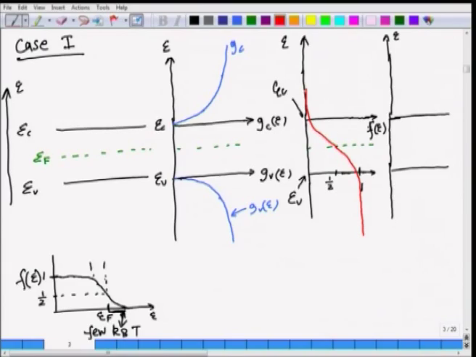Remember, in a few kBT I said that this should fall off. In silicon, the band gap is about 1 electron volt, and kBT at room temperature, like I said, is 25 milli electron volts.